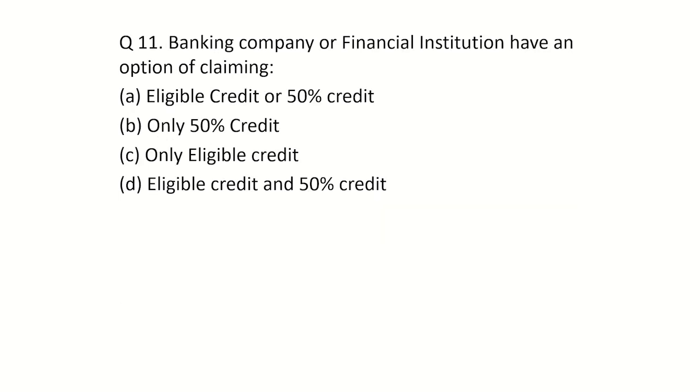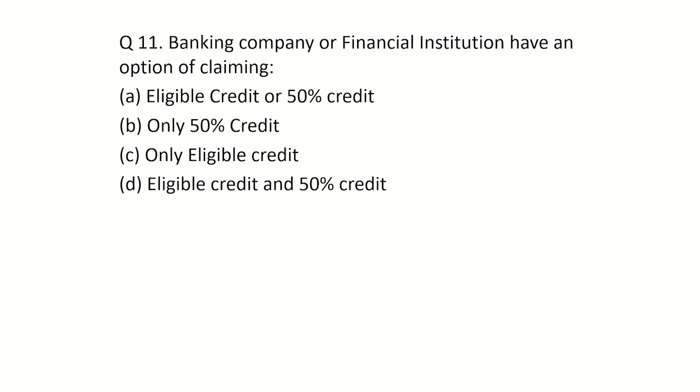The next question. Now, in case of a banking company or a financial institution or any NBFC, the option of claiming only eligible credit or 50% credit. Now, what does this mean?